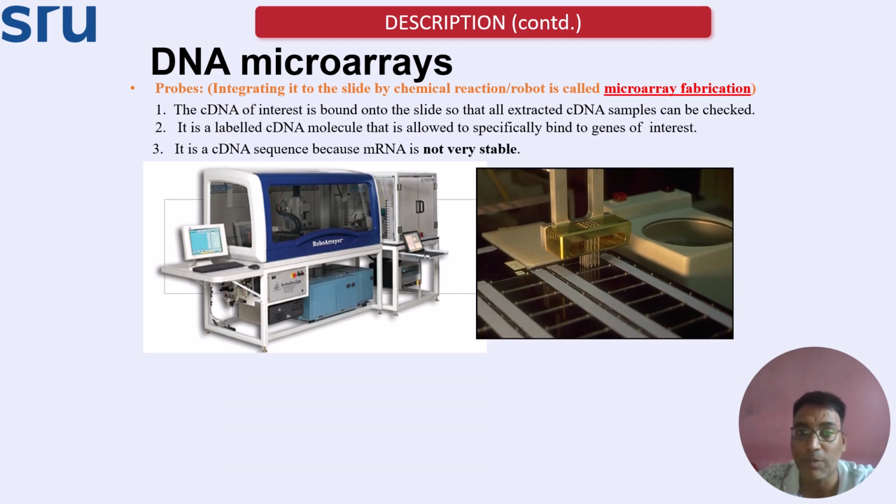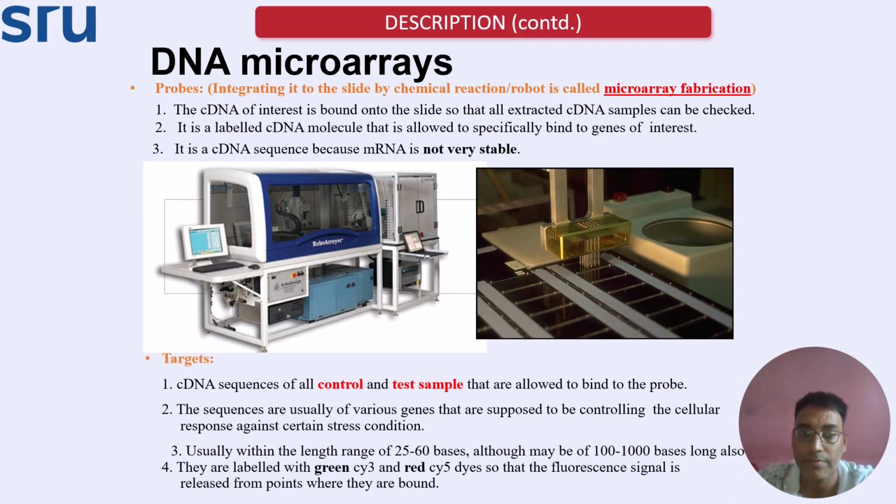Now see the DNA microarrays. Here we are extending on to the probe and target. One which is already printed on the microarray is termed as probe, and the sample genes which are taken from either the patient or the normal or different cases from different organs are termed as targets.